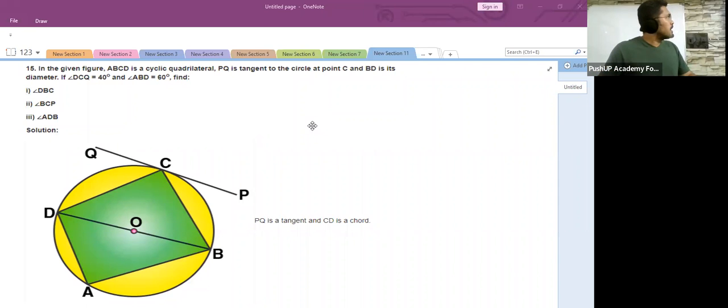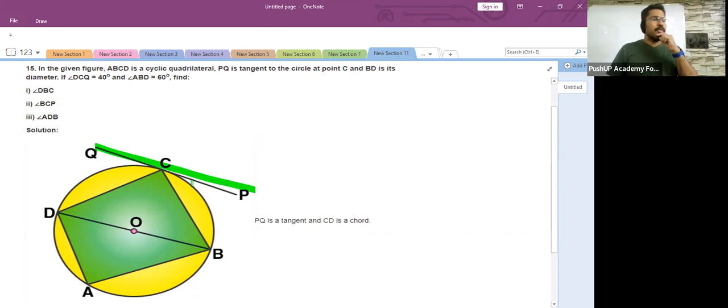Question. In the given figure, ABCD is a cyclic quadrilateral. PQ is a tangent to the circle at point C. This PQ is a tangent, and it is touching the circle at point C. BD is the diameter.